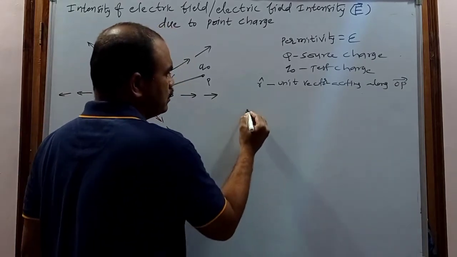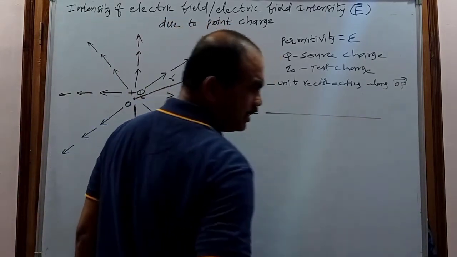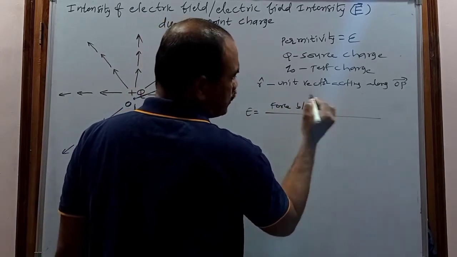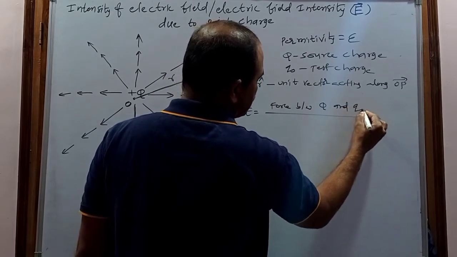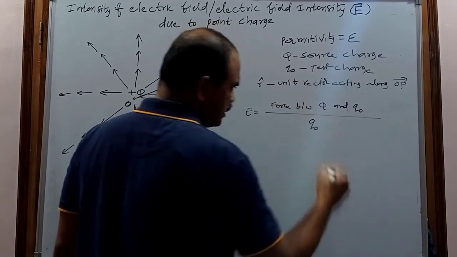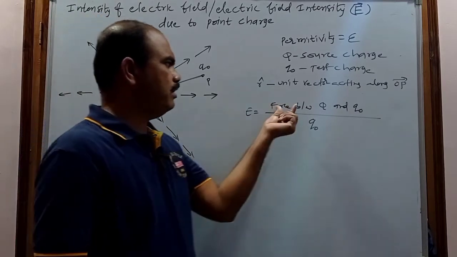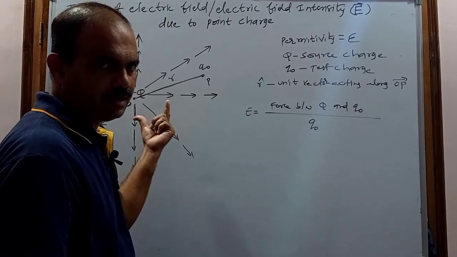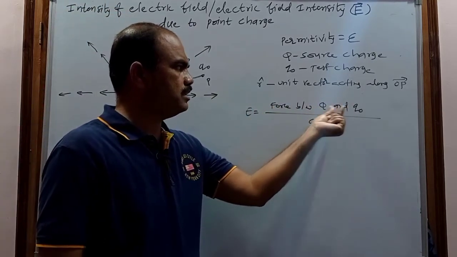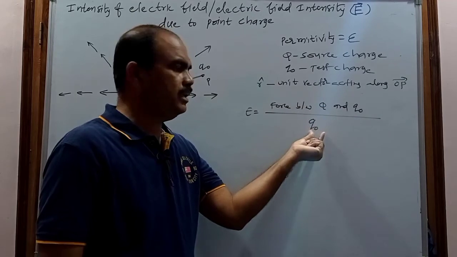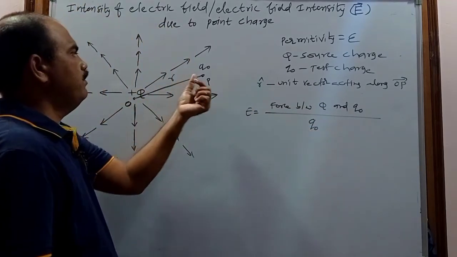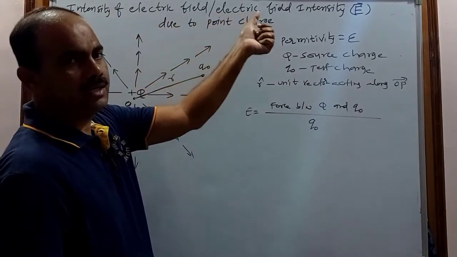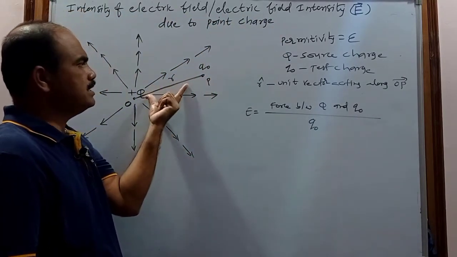First we have to find the force between the source charge and test charge with the help of Coulomb's inverse square law. After dividing that force by the test charge, you get the influence of the electric field at point P, which may be called the intensity of electric field or electric field strength at that point, at a distance r.